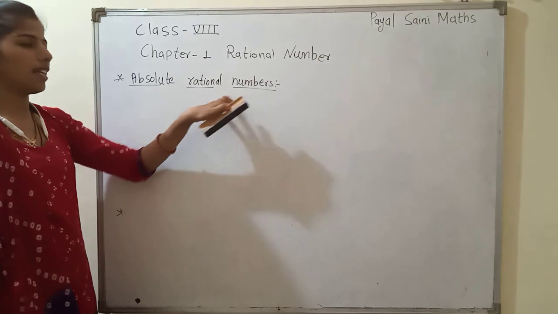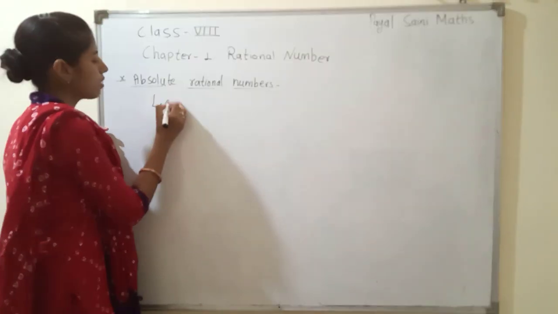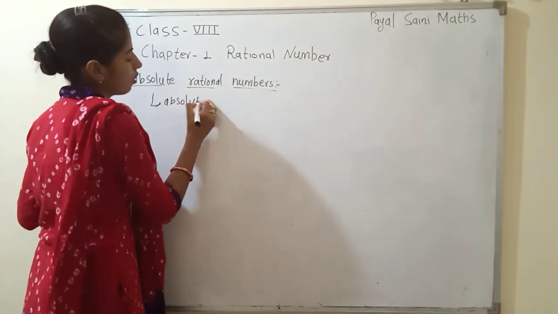Next is absolute value of a rational number. Absolute means absolute value.